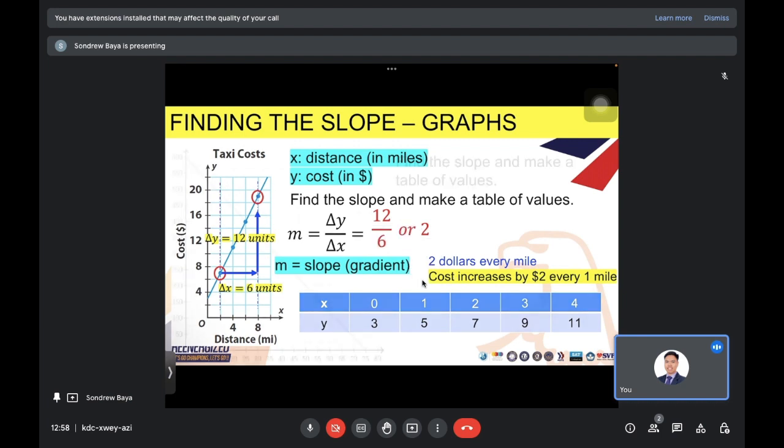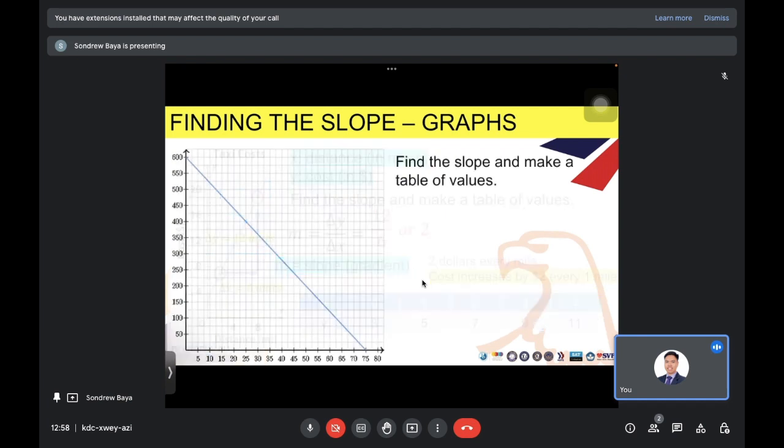And of course, this will be our last example. Find the slope and make a table of values. Same process, identify 2 points here. From the 2 points, we try to determine the change in y over change in x. From the first point going to the second point, we need to determine how much is the change in the x.